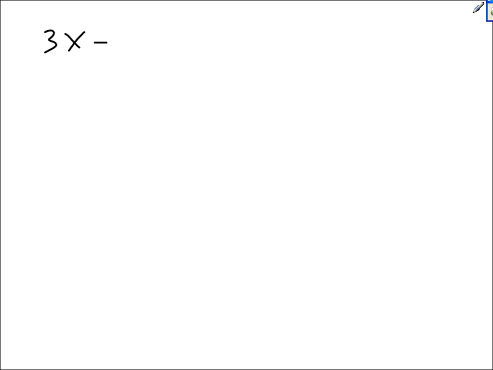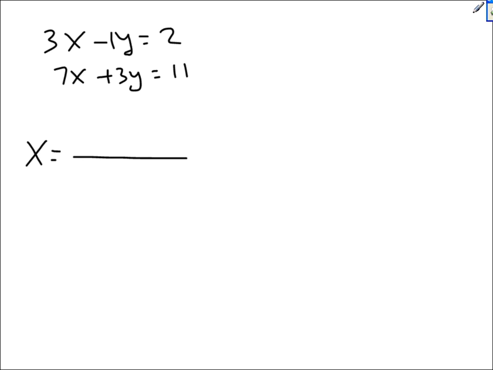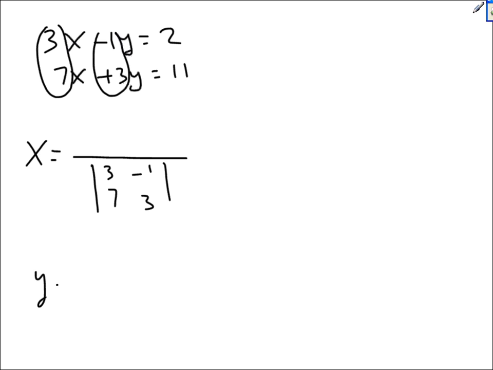3x minus 1y equals 2, and 7x plus 3y equals 11. If you want to solve for x, the bottom determinant will be 3, 7, -1, 3. In fact, if you want to solve for y, the bottom determinant is the same.